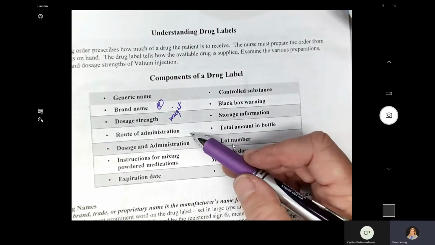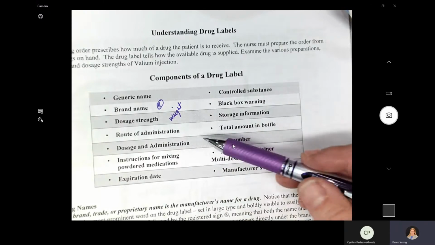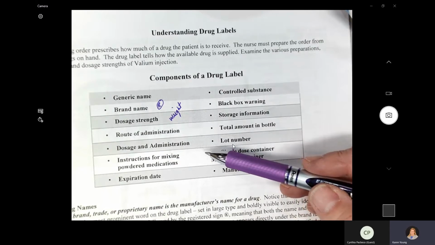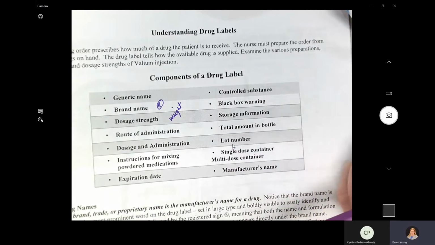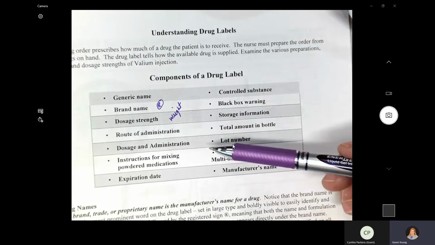The route of administration is going to be your oral, your IV, your IM. We'll get to those in a second. On some of them, you'll get the dosage and administration, the usual dosage or the recommended dosage, and we'll use that later on in different ways.